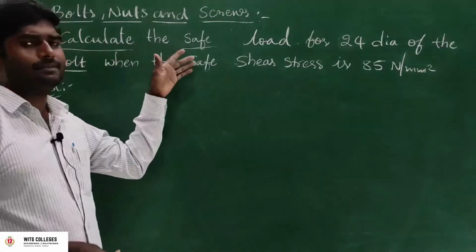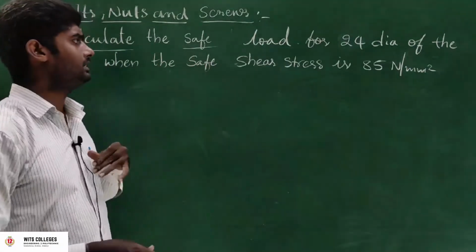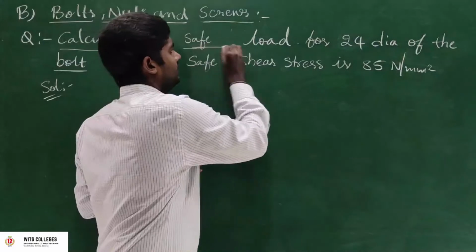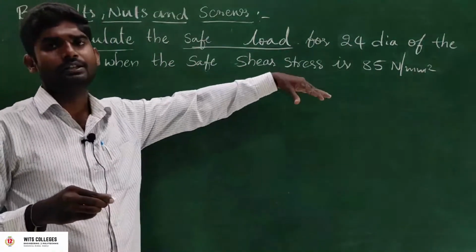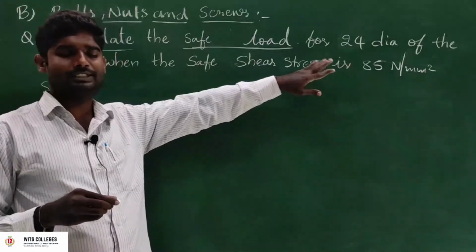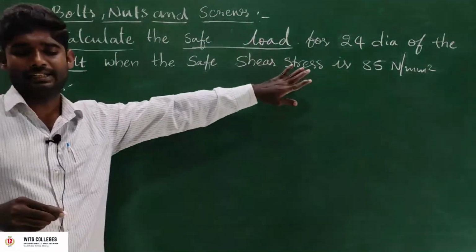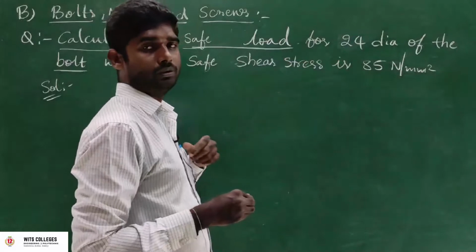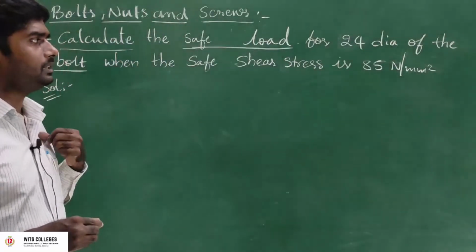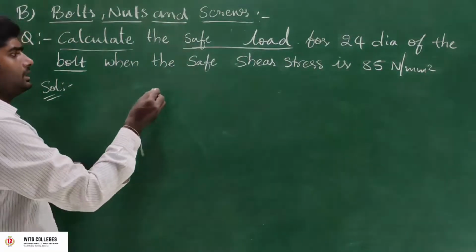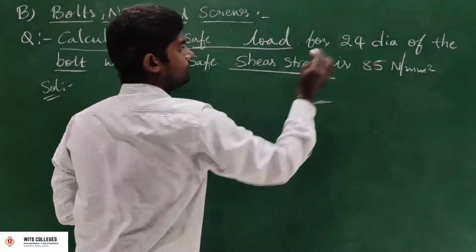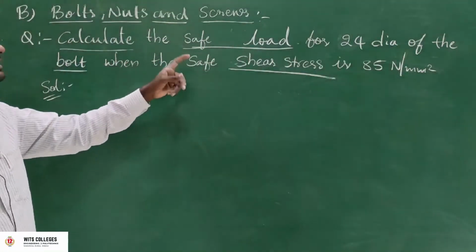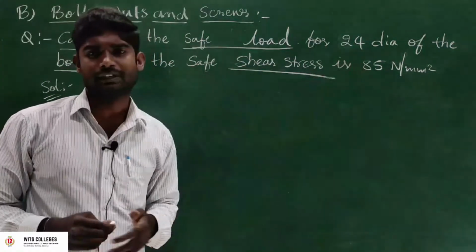Same problem, but with a slight difference. In this one also we find out the safe load, but using direct shearing of the bolt. This is shear stress. Calculate the safe load for a 24 diameter bolt when the safe shear stress is 85.